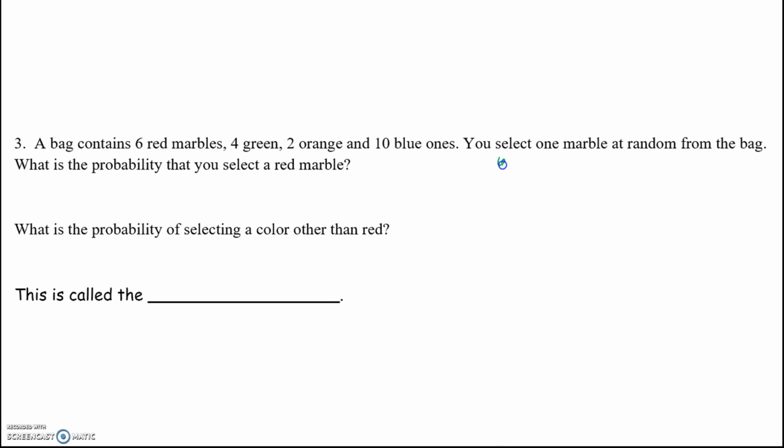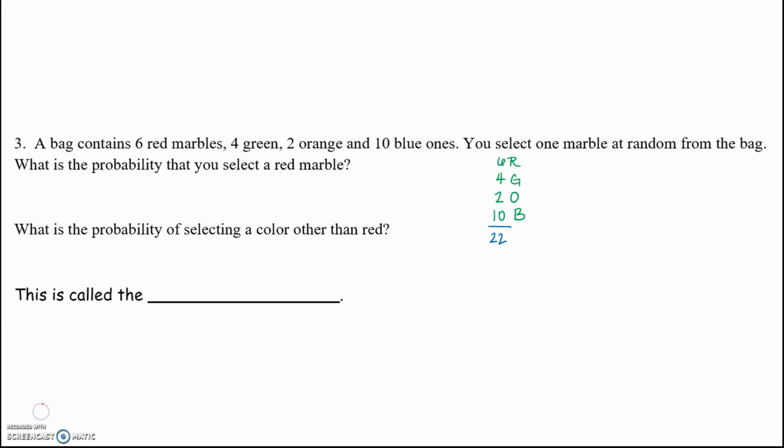So I have 6 red marbles, 4 green marbles, 2 orange marbles, and 10 blue marbles. Okay, so I have all that listed. I know that I'm always going to need a total. So 6 plus 4 is 10, plus 2 is 12, plus 10 is 22. So we're talking about 22 marbles. Okay, and it says, what is the probability you select 1 marble and it's red?